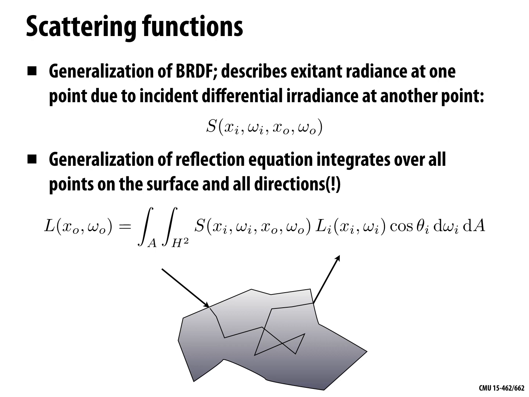Okay? Now to write down the reflection equation, this term in the rendering equation that accounts for how light gets scattered, we have to integrate not only over the hemisphere, but we now have to integrate over the entire surface.